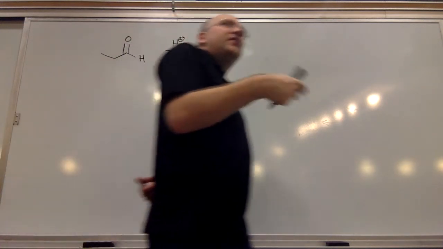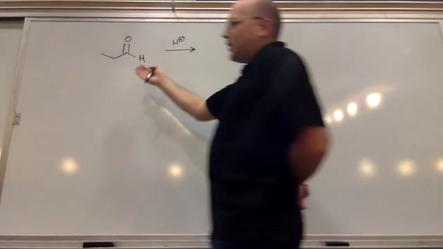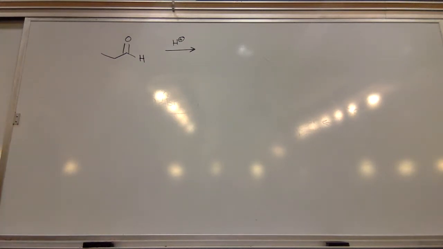Depending upon how we run this reaction, the reactivity of enols, or this sort of enolate type reactivity, like we've seen in the past, can be mediated by acidic conditions, it can be mediated by basic conditions, and so there are these two possibilities.